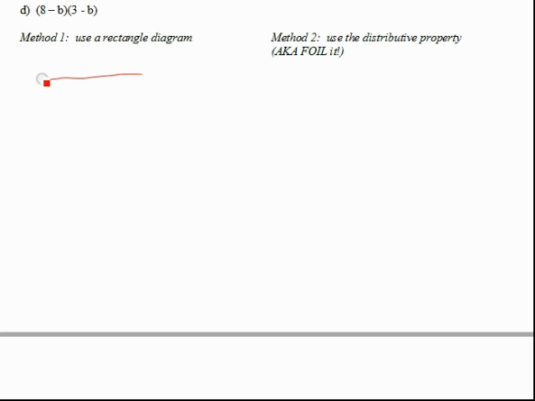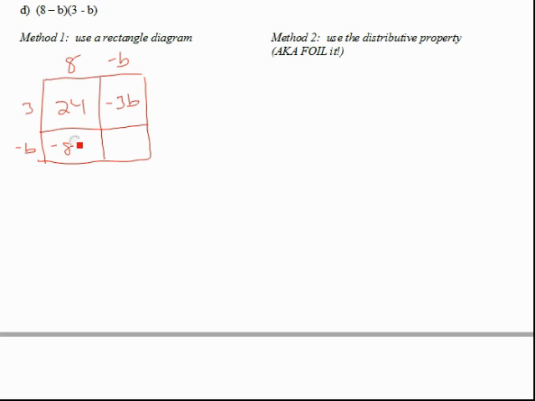Rectangle diagram. (8 minus b)(3 minus b). 3 times 8 is 24, minus 3b, minus 8b, and b squared is 24 minus 3b minus 8b, plus b squared, which cleans up to b squared minus 11b plus 24.